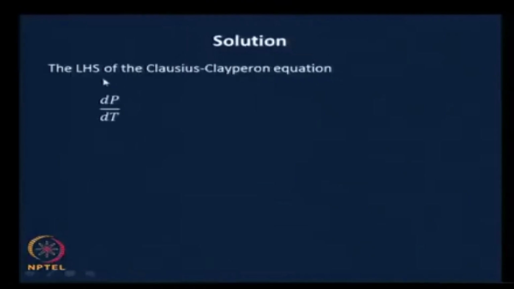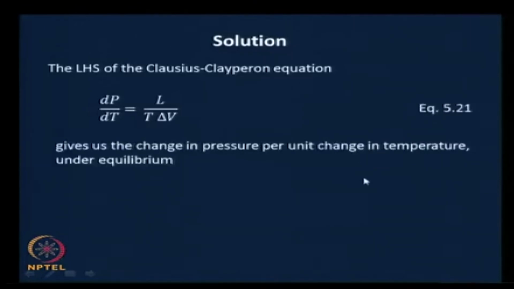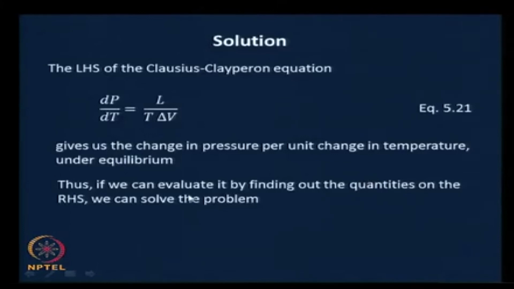In fact, the left hand side of the Clausius Clayperon equation, dP dt, is what is required to be calculated as a part of this particular problem, and this is of course the right hand side, L by T delta V. If we can find dP dt by evaluating the right hand side, in other words if we know L, T, delta V, we can substitute the values here and find dP dt, and that is what we need.